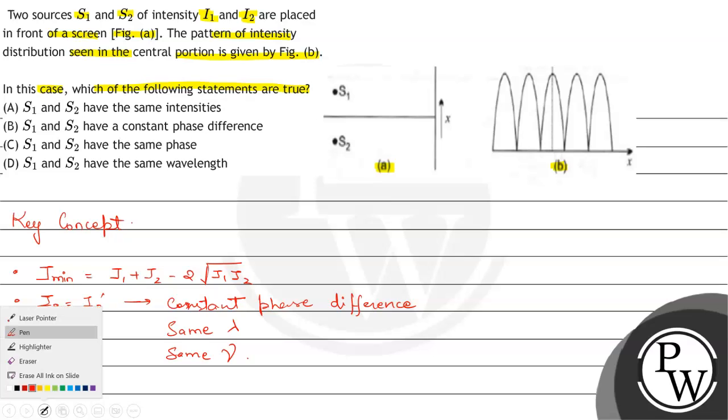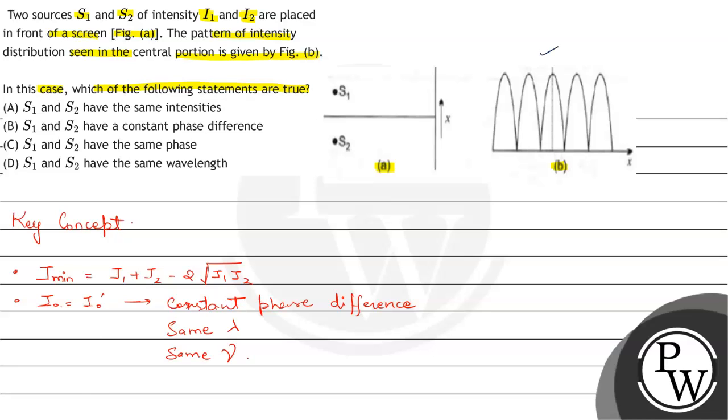Now let's check our solution part. So in solution part, when we check the figure B correctly, we can see that the intensity at minimum point becomes zero at certain points, and hence we can say that intensity minimum is zero.